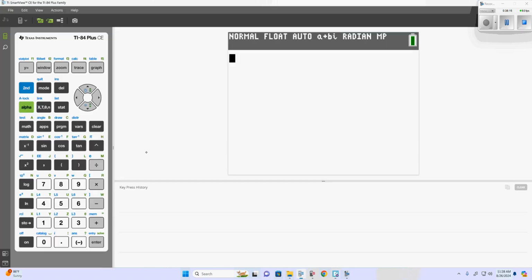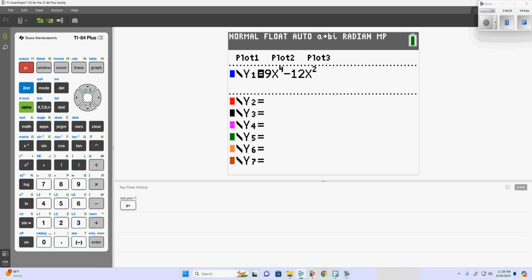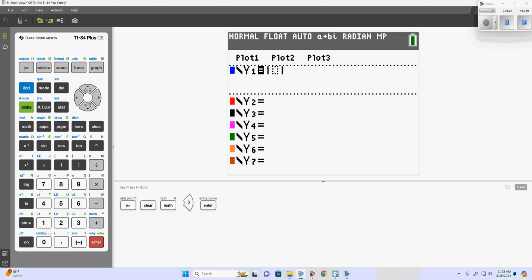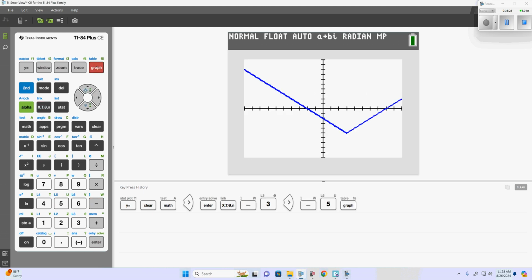Now, with horizontal stretch and shrink, here is the function we have: absolute value of x minus 3, minus 5. So this is the function we have, yes? Now, horizontal stretch or shrink means x-axis.